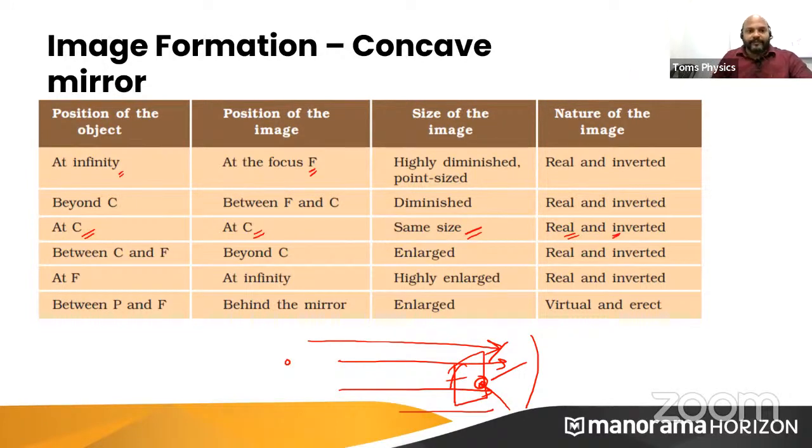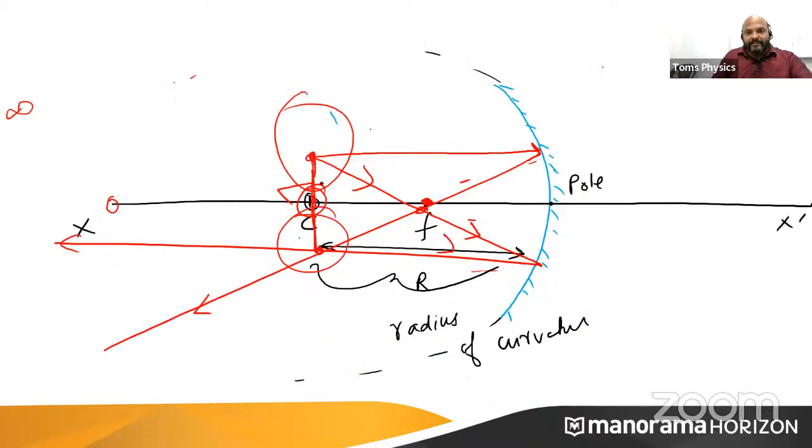Okay. Further, when it is between C and F, so we are coming closer, right? We were at infinity. Then we reached center of curvature. Now we are between center of curvature and the focus. In this particular case, we are going to have an enlarged image, which is beyond C. So if we keep moving this object here, now it is here.